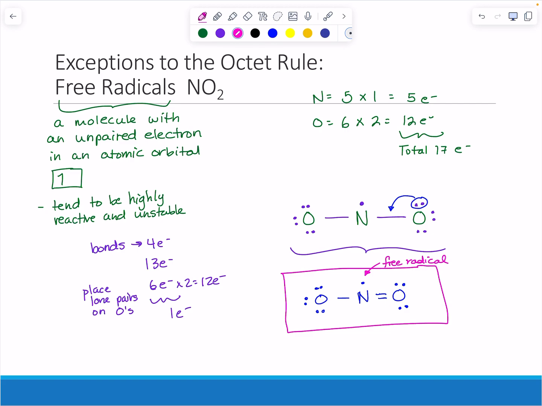Why not leave it with the single bonds? So what we want is to get as close as we can to having 8 electrons on the nitrogen, okay? But the other question that you could ask is, well, why didn't I just make 2 double bonds to the nitrogen? Then the nitrogen would have 9 electrons, right?